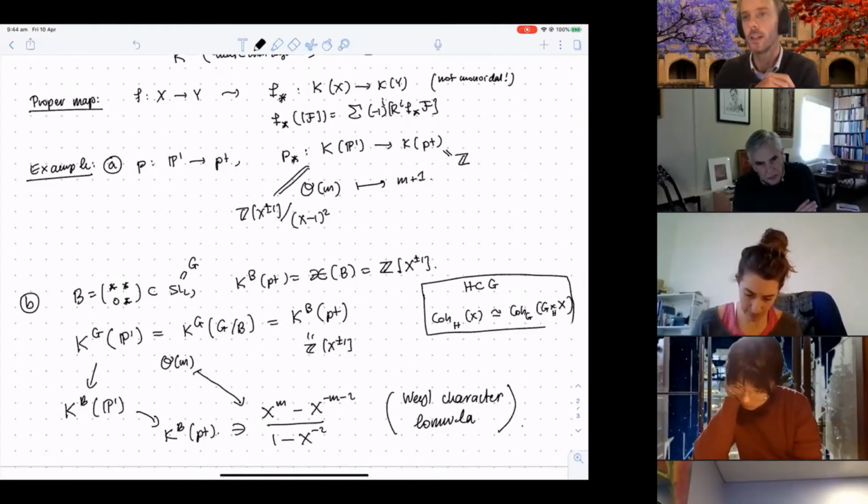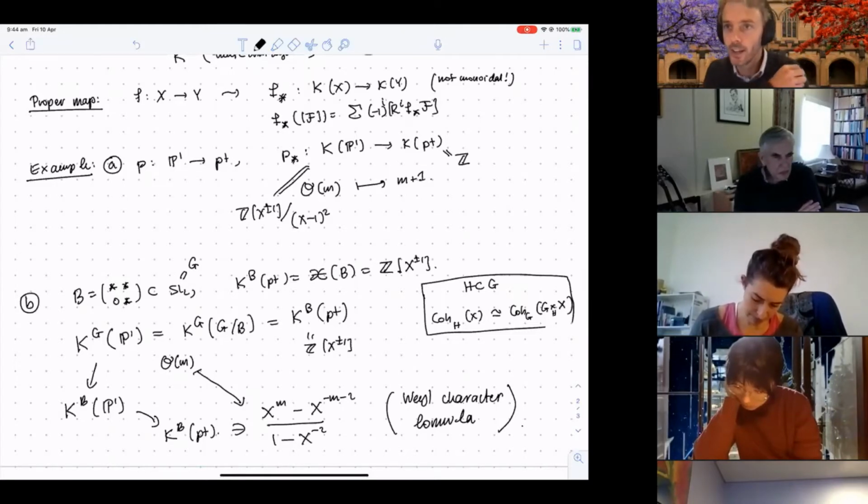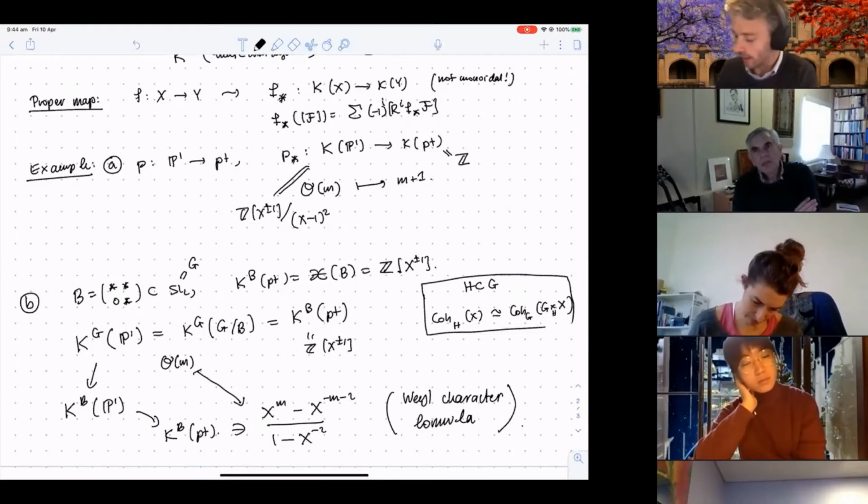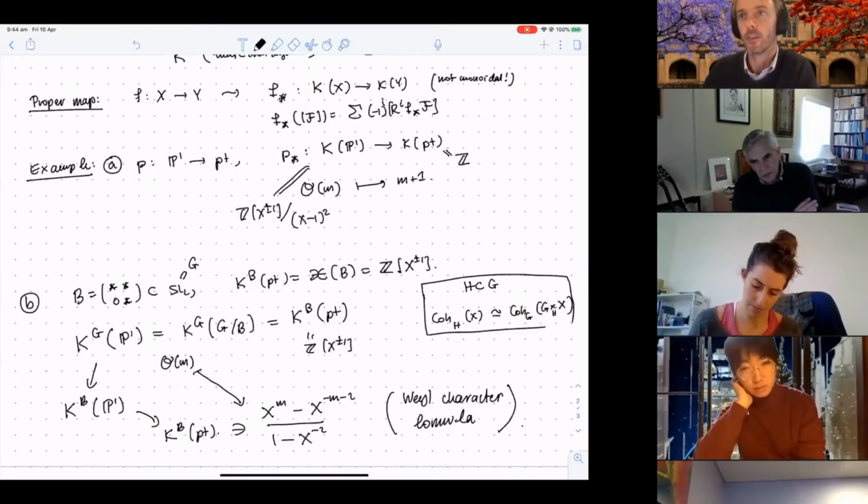Exactly. Yeah, and now you can take this further and say, how do you actually work this out? Here, I'm just saying I know what the characters of O of m on P1 are as T modules or as B modules.